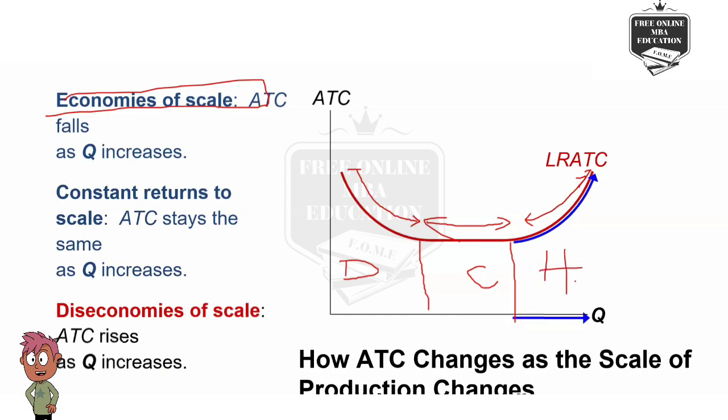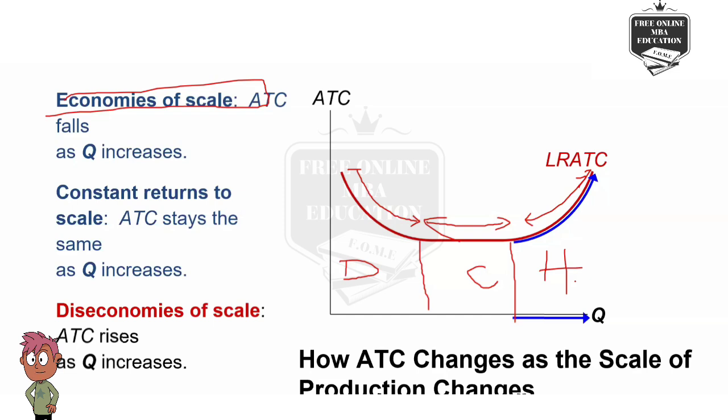Okay, now understand, returns and economies are inversely related. Whenever you have economies of scale, your region of diminishing returns and constant returns is a preferable region to operate into, because by that time you are getting economic utilization of your resources. If you continue to manufacture beyond, it will get into the region of diseconomies of scale.